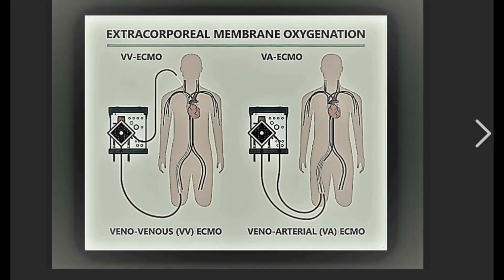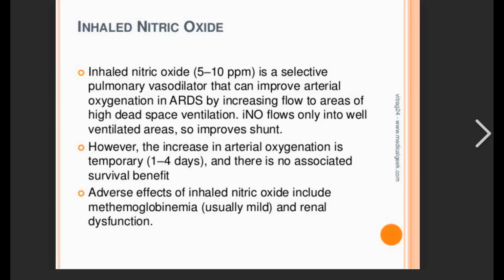If the previous measures fail, another option is ECMO, that is extracorporeal membrane oxygenation. That is, blood is taken from the patient's body, pumped to the ECMO machine where oxygenation takes place, and pumped back to the heart. Another treatment option is inhaled nitric oxide.